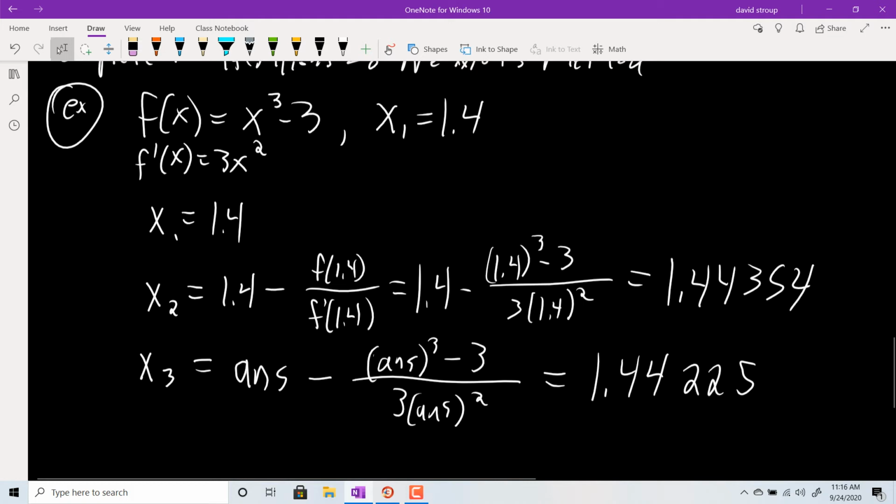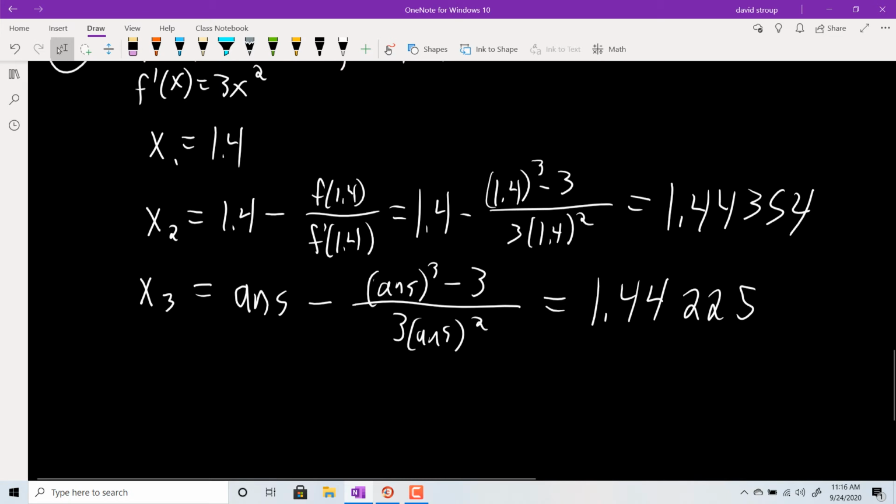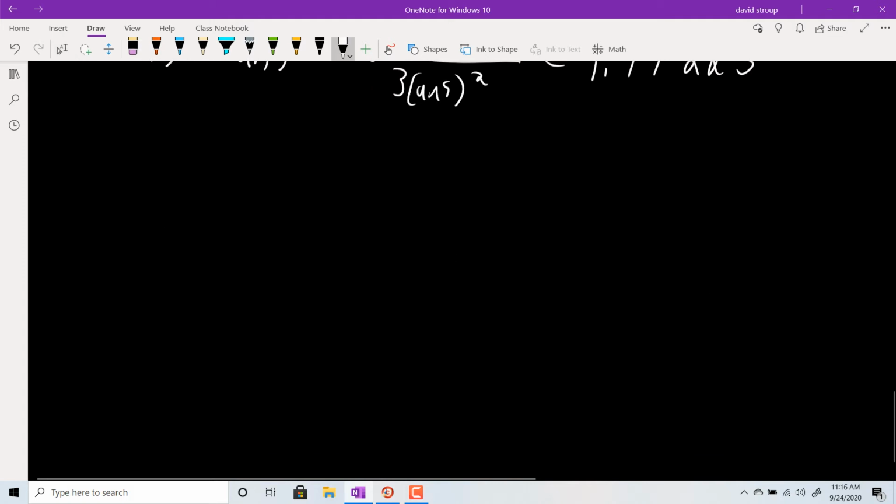And if I want to do more and more, if you set up your calculator right, you can just push enter over and over, and it'll keep giving you numbers. So you can automate it depending on your familiarity with that kind of stuff. Okay, let's look at another one. This one gives you an accuracy level.